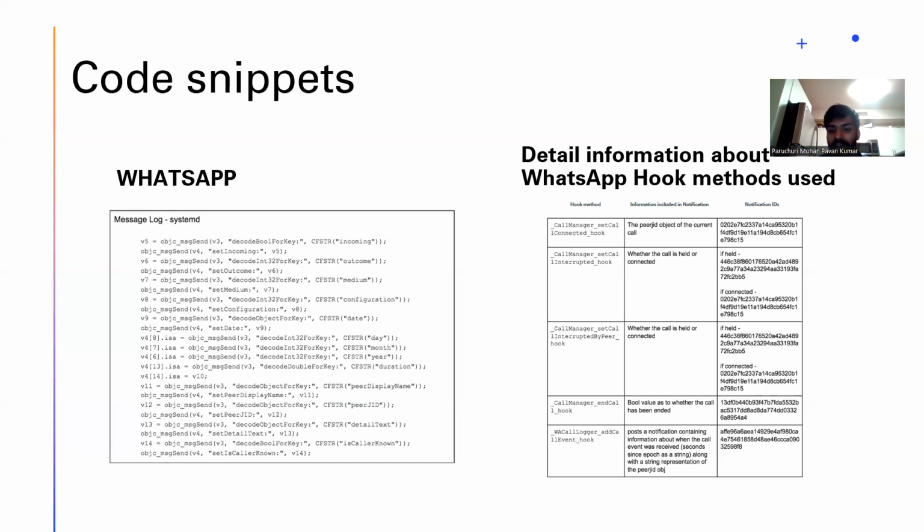The call manager set call interrupted by peer hook, whether the call is held or connected. The next one is the call manager end call hook, with a boolean value, yes or true, whether the call has ended or not. Then WA call logger add call event hook, the post notification contains information about the call events received, along with the string representations of the peer IDs and object.